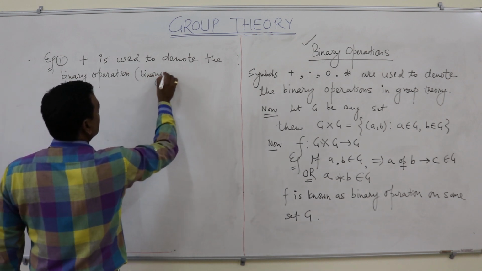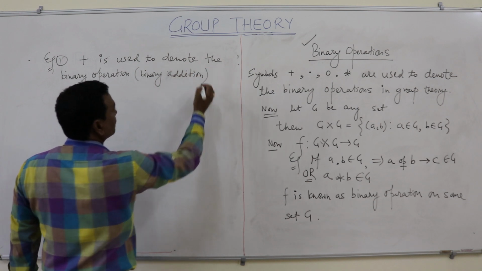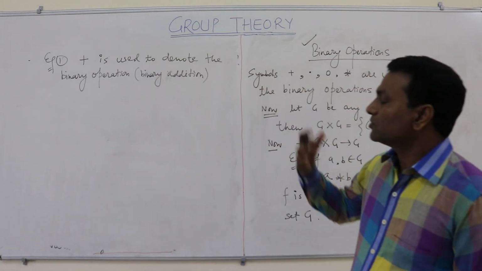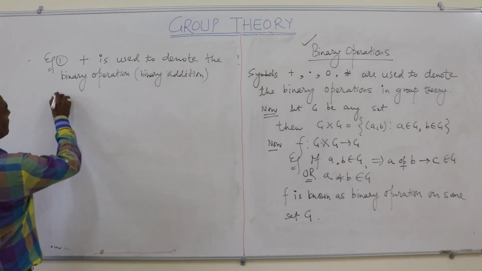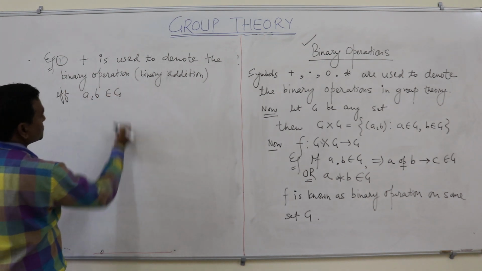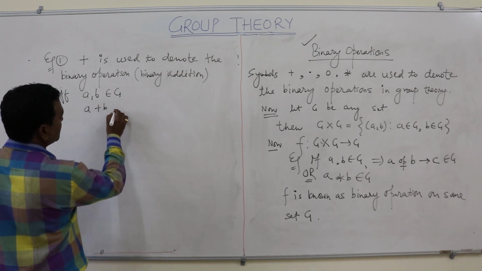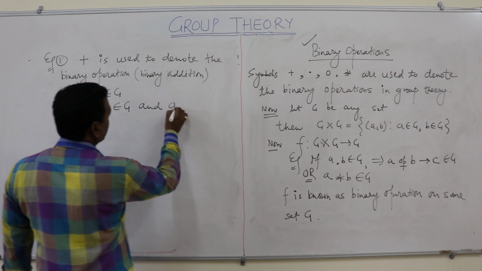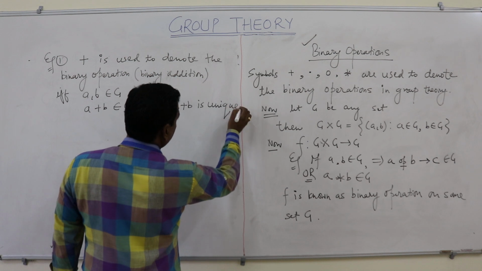This is a binary operation on G if and only if A, B belongs to G implies A plus B also belongs to G, and A plus B is unique.